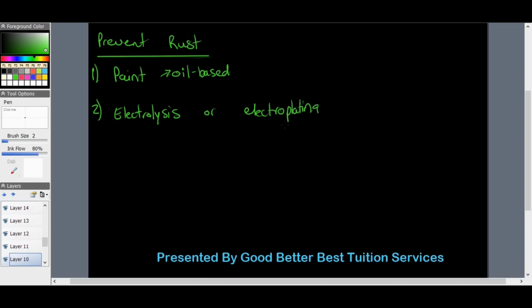Electroplating makes use of metals such as chromium or zinc, which do not corrode. They are used to coat iron and steel structures, so that when they are dipped out of this liquid metal, they can withstand rust, and in fact never rust at all. So we can use a form of electrolysis to put a thin layer of chromium or zinc onto iron or steel, and that process is called electroplating.